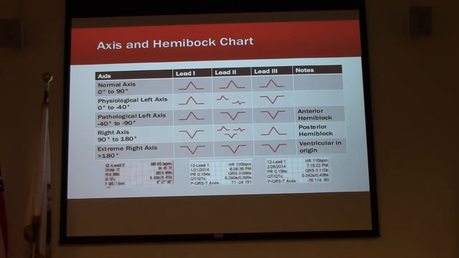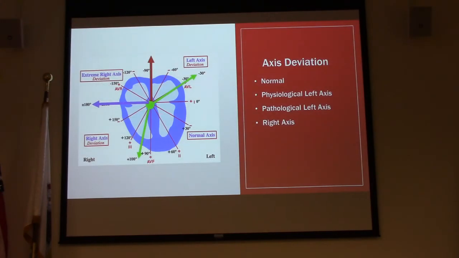If you have the right axis, 90 to 180, so it comes down and it shoots off in this direction. Again, the right side of the heart is our pulmonary side. COPD, emphysema, cor pulmonale, right ventricular hypertrophy, pulmonary emboli.